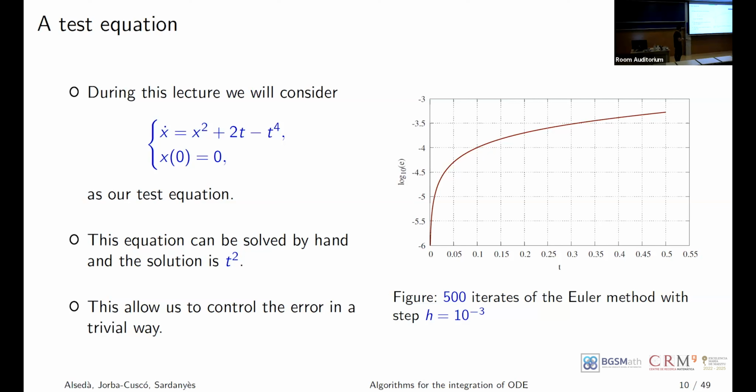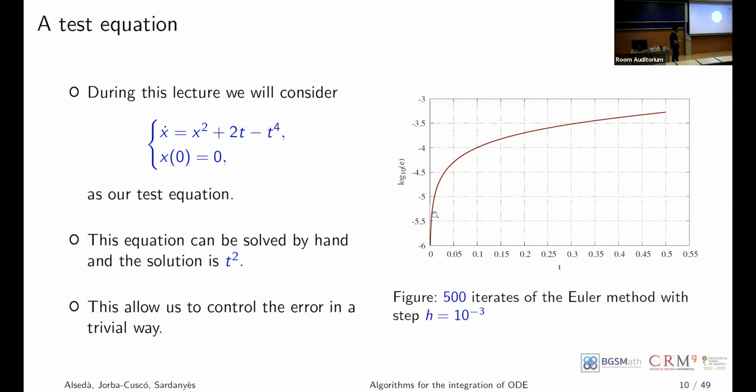So I just did a numerical experiment, and I started at this initial condition, x equal to 0, and iterated 500 times the Euler method with a step size of 10 to the minus 3. And this is what I get. This is, by the way, the logarithm of the error.